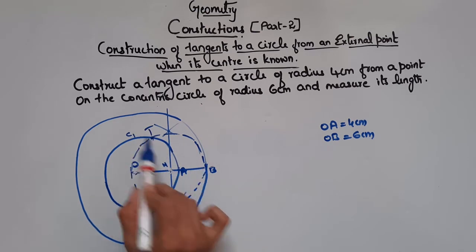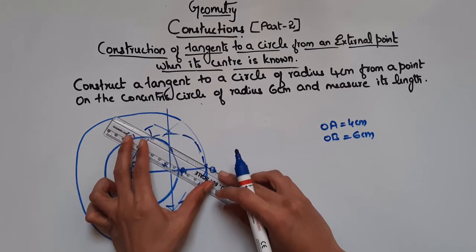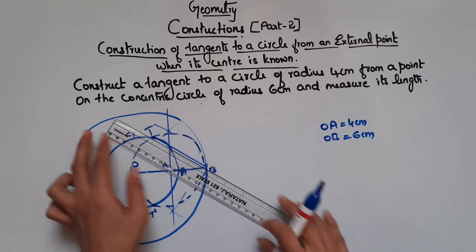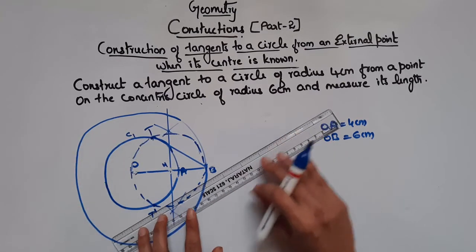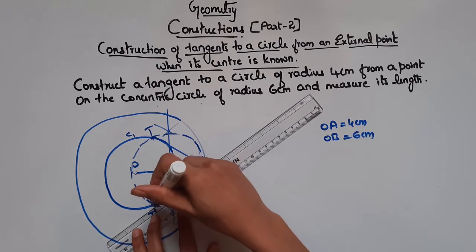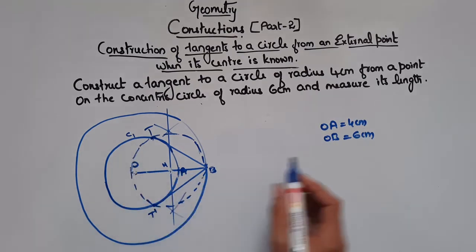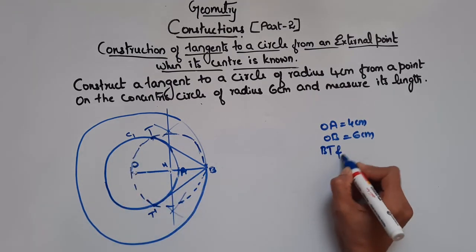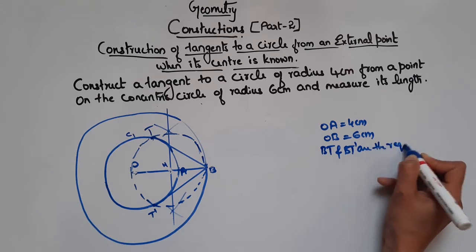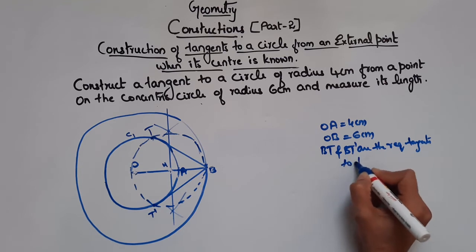So now join BT and BT dash. So here BT and BT dash are the required tangents to the circle C1, right?